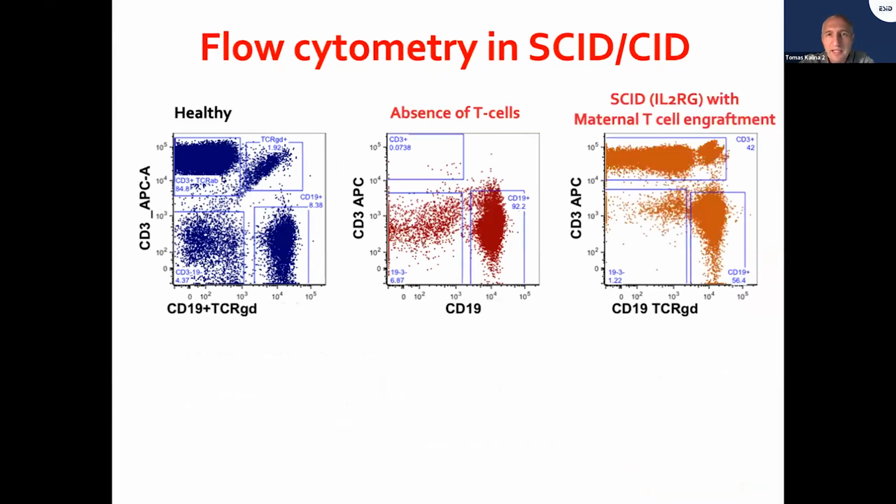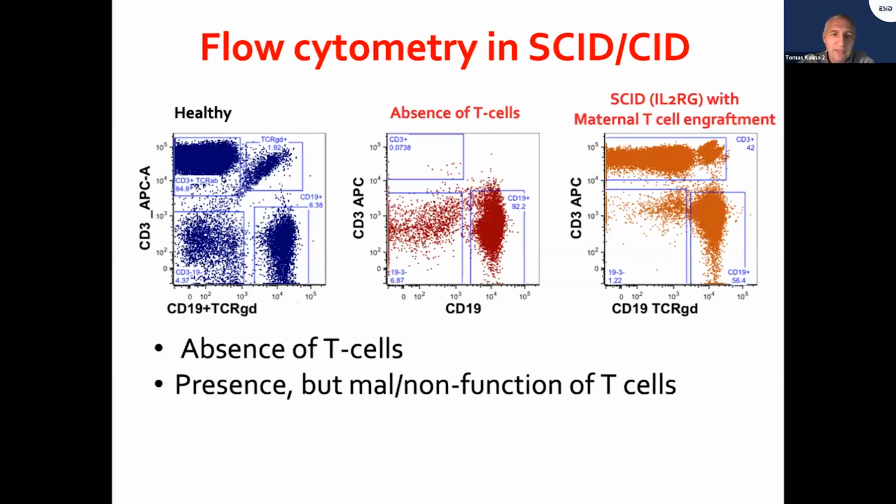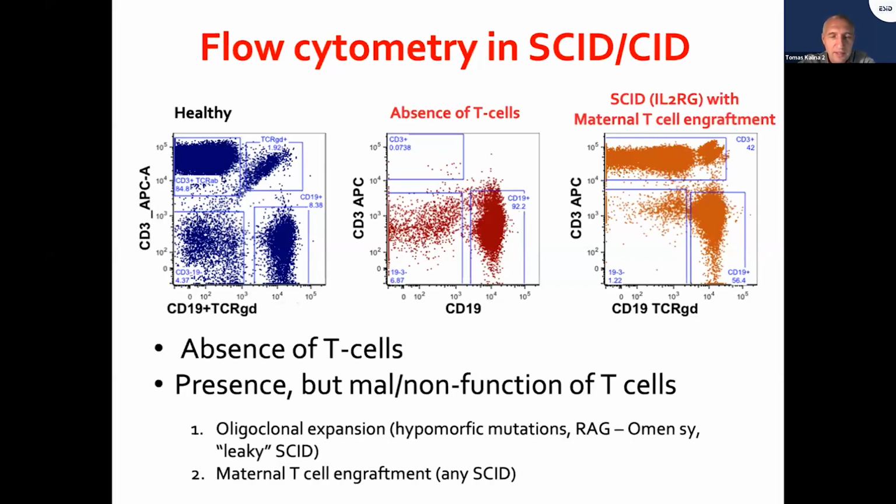However, in up to 1/3 of all cases, you would see some T cells present even in patients with a confirmed mutation leading to SCID, and this can be due to maternal engraftment, like in this case, or it can be also in cases of oligoclonal expansion, in cases of hypomorphic mutations, or Omenn syndrome or leaky SCID.